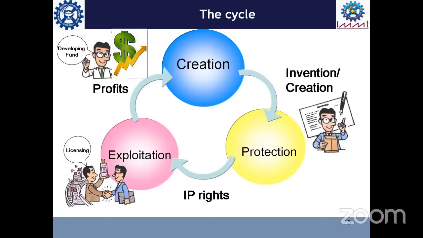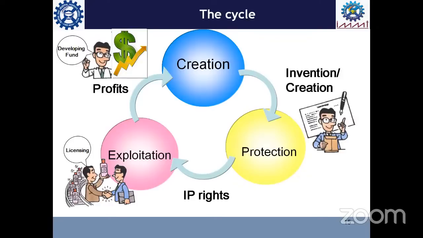Once you create, then there are two possibilities. Either you protect or you don't protect. If you don't protect, your creation may be exploited by anyone. Sometimes you may not receive any benefit. Sometimes you may be totally ignored also.